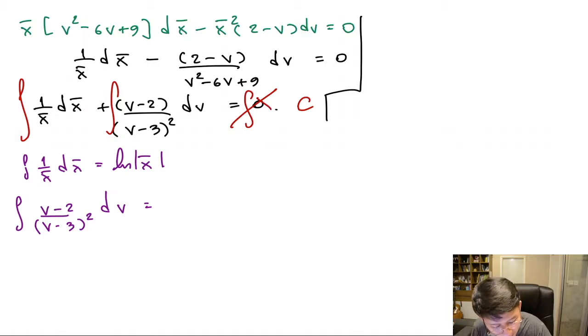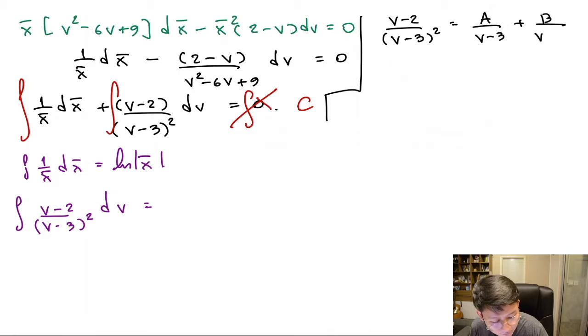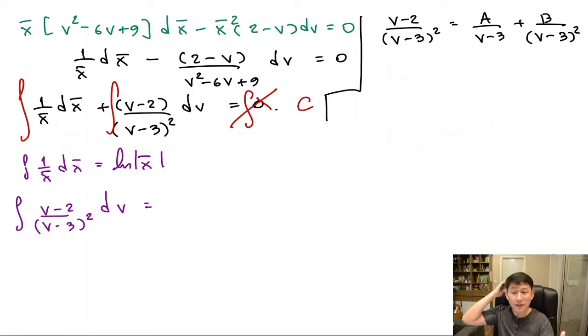So v minus 2 divided by v minus 3 squared. We need to split this into a divided by v minus 3 plus b divided by v minus 3 squared. If you can remember. If you can't, go back to the calculus course. Okay, cool.